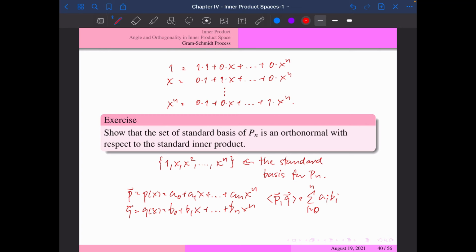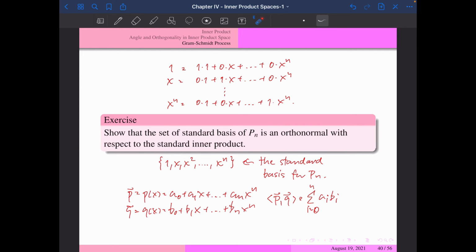So from this, the coefficient of 1, the polynomial 1, is equal to 1, and the coefficient of x of this polynomial is 0.